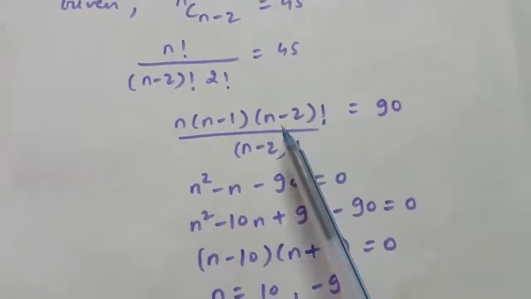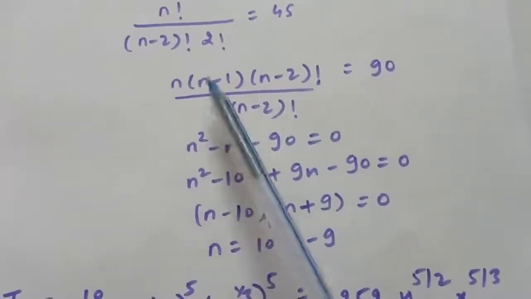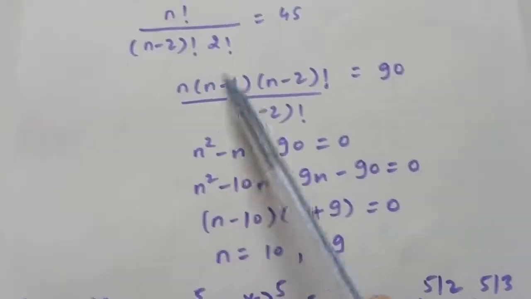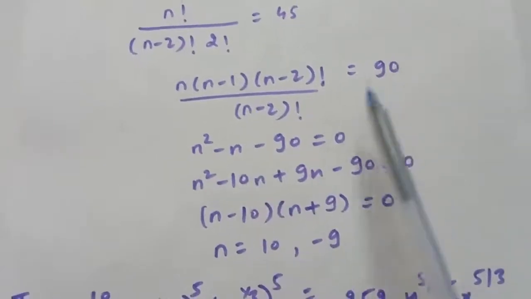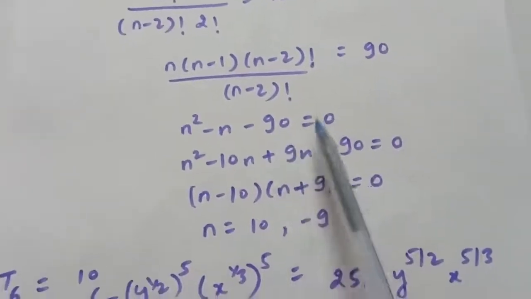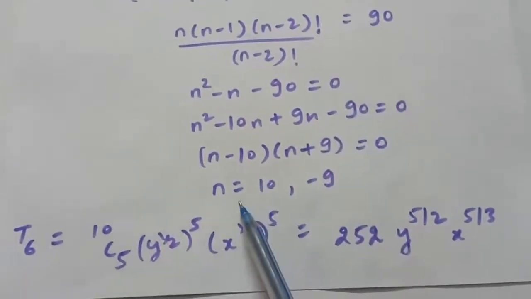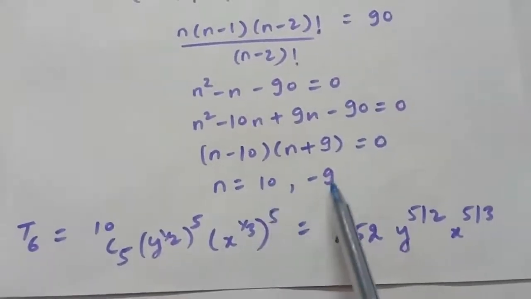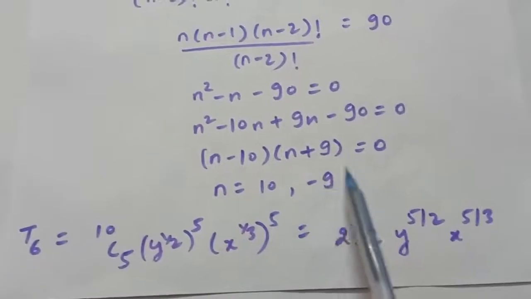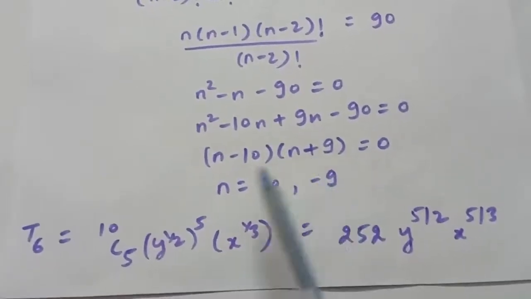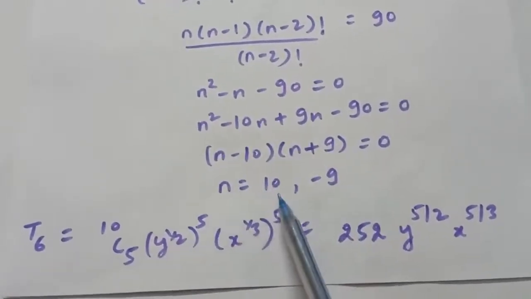Now cancel this (n minus 2) factorial, you will get n square minus n, and take 90 this side, minus 90 equal to 0. When you will solve this, you will get the value of n as 10 and minus 9. But obviously n cannot be negative, therefore value of n is 10.